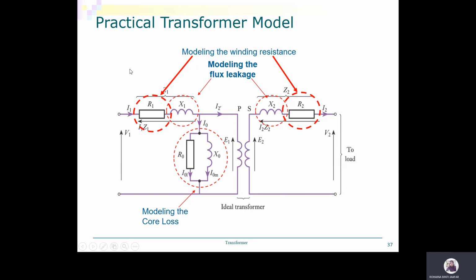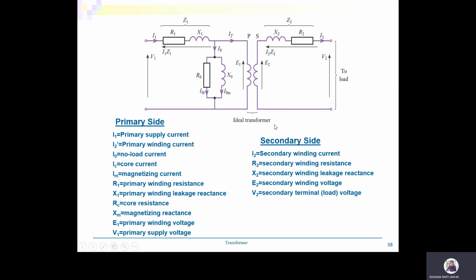The objective for this subtopic is you have to find the value of each winding resistance at primary and secondary.